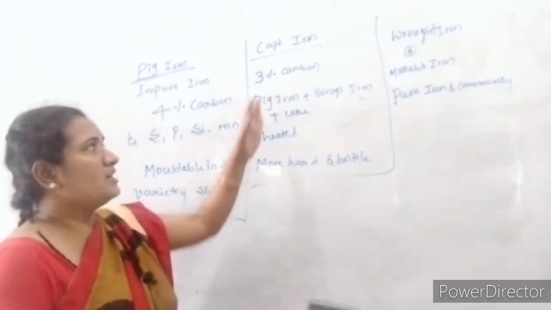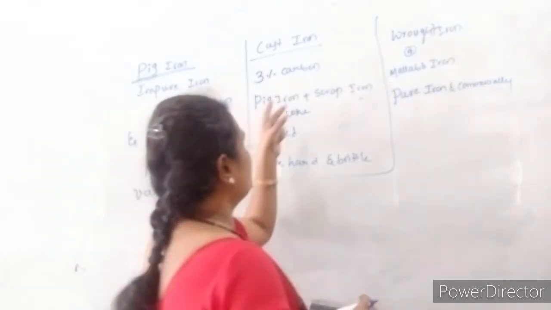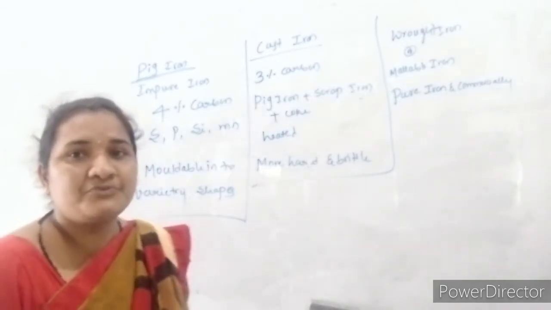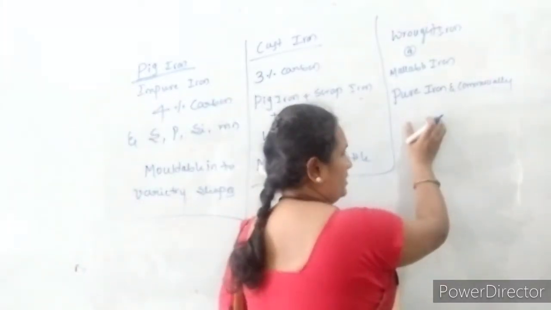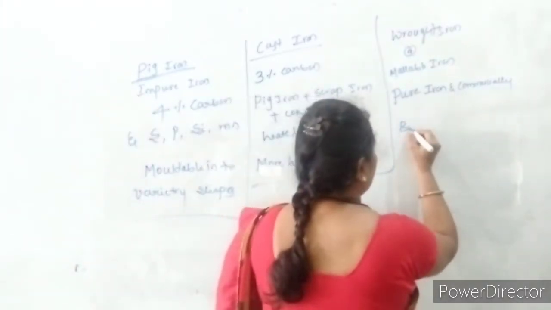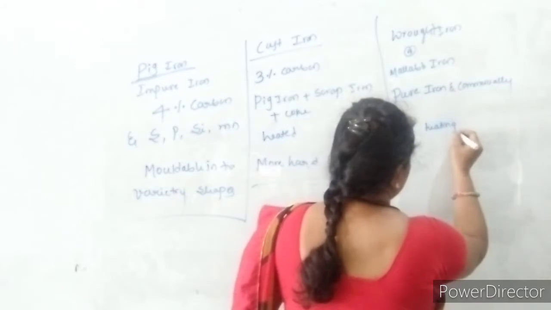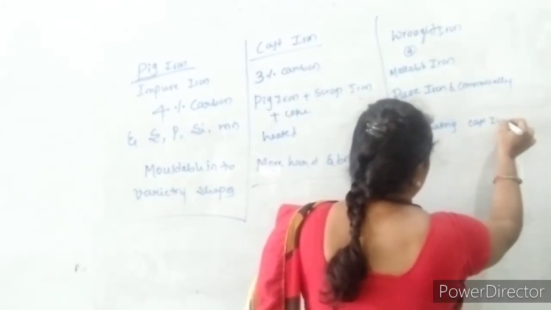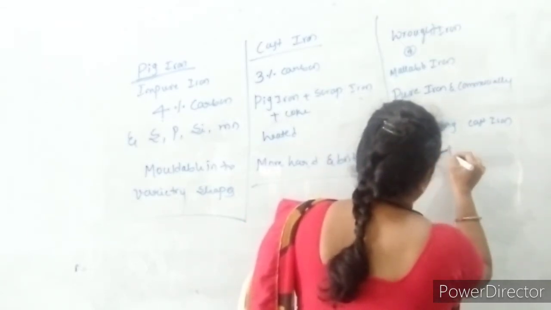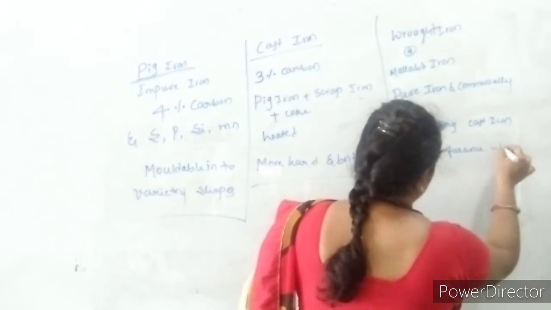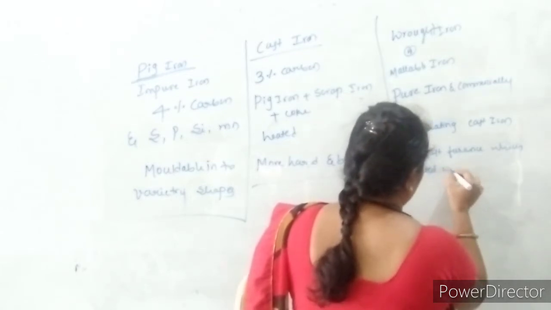How can we remove all these impurities to get wrought iron? Again you have to pass this cast iron in the furnace, which must be lined with hematite ore. So here we are going to get this wrought iron by heating cast iron in the furnace which is lined with hematite ore.